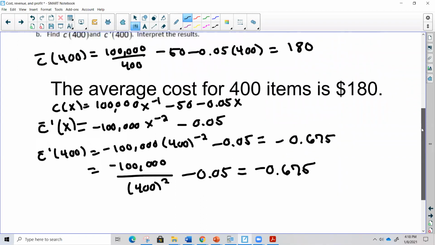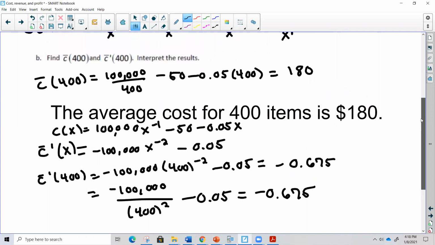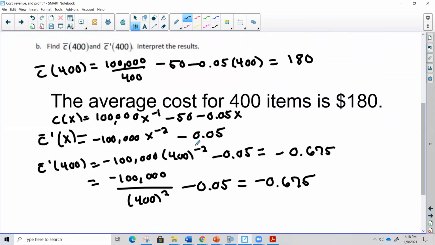Okay, so this gives me the instantaneous rate of change of the average cost. Again, it would be the average cost to produce the 401st item after 400 items are already produced. And again, the units when we do the derivative is always going to be like dollars per item, because we're talking about how much it's going up for that 401st item from the 400.